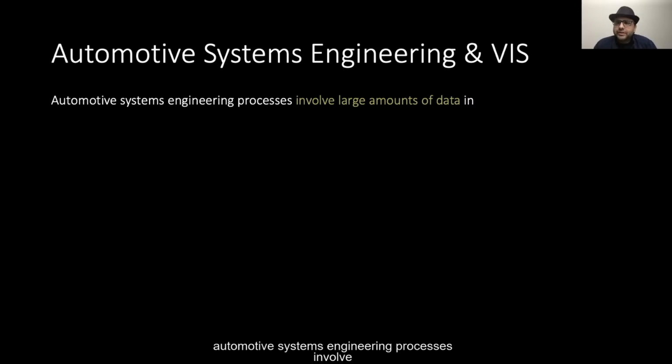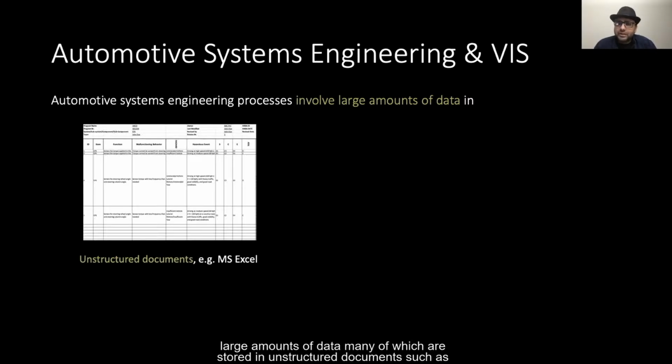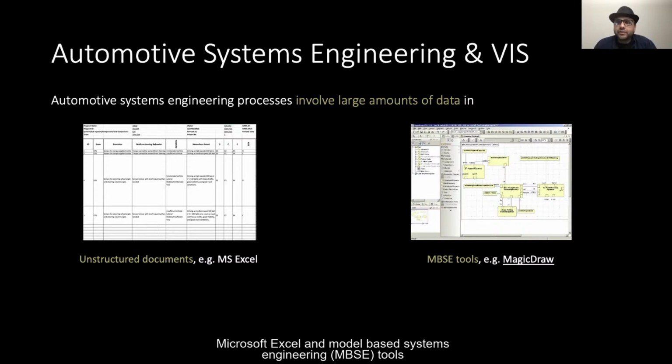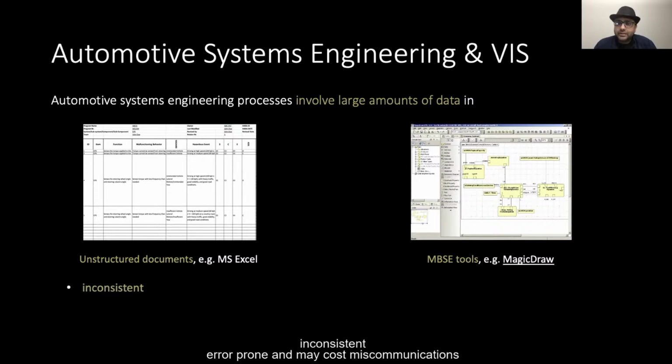Automotive systems engineering processes involve large amounts of data, many of which are stored in unstructured documents such as Microsoft Excel, and model-based systems engineering tools such as Magic Draw. Using unstructured documents for information exchange is inconsistent, error-prone, and may cause miscommunications.